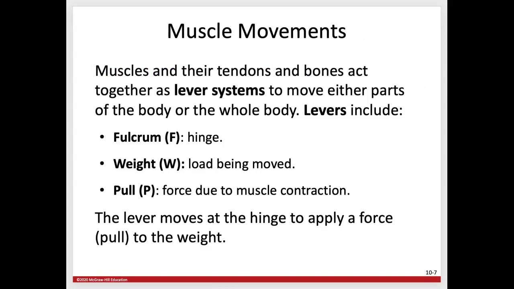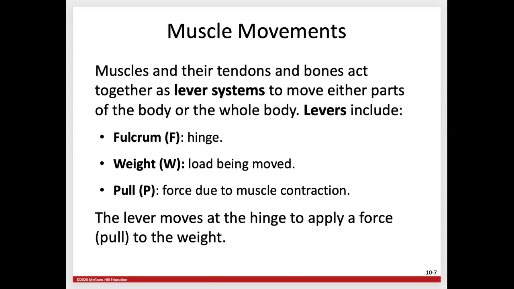So muscle movements: muscles and their tendons and bones act together as lever systems, however you want to say that, to move either parts of the body or the whole body. Lever parts include the fulcrum, the weight, and the pull.